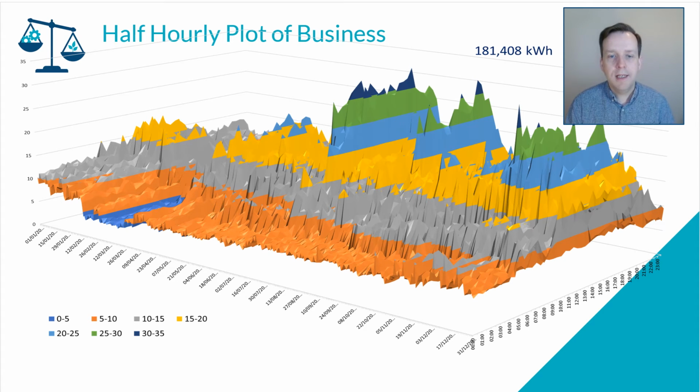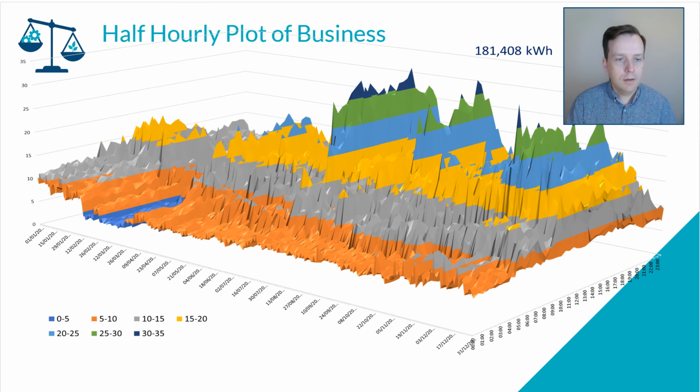This image is a 3D plot of the real half-hourly data that we've just extracted. I'll show you how to do this in a few slides, but I just wanted to get an overall impression of the data produced.